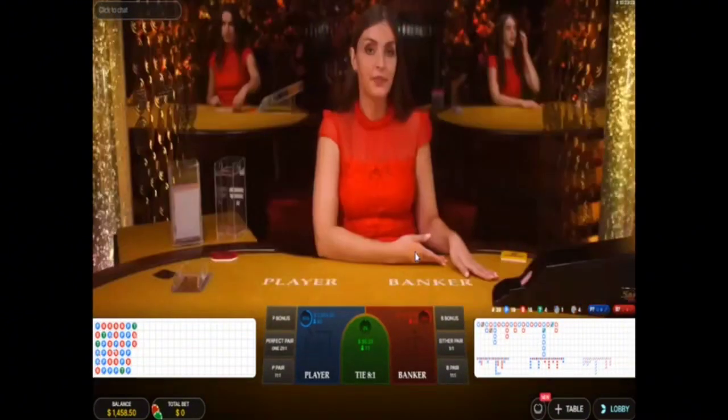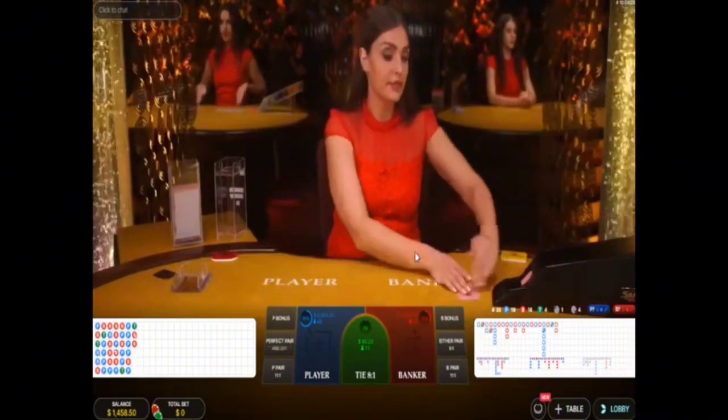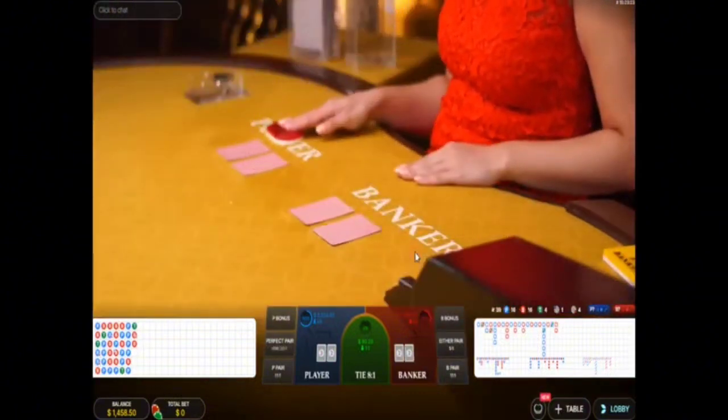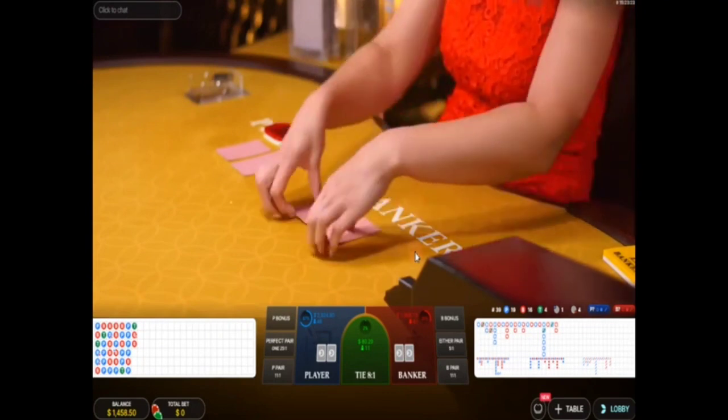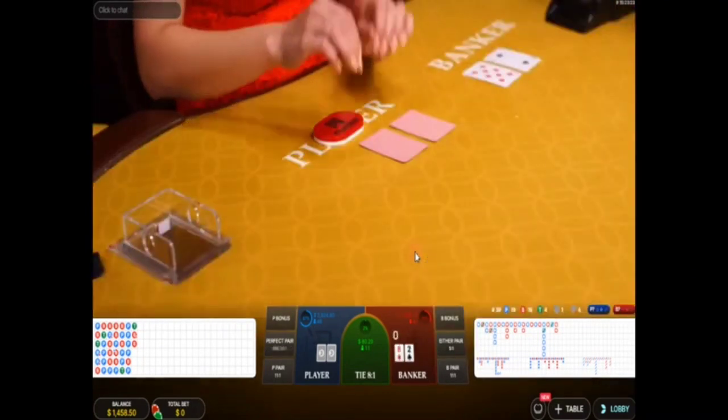Okay. So banker 1, now we're looking for the read here. On the first hand you let go, you're looking for which side won the bet as banker, right? Now you're looking for banker to tell you what the read is. And that's it.